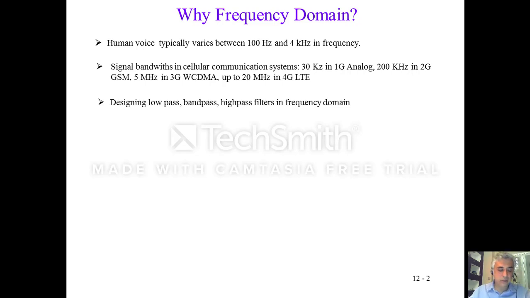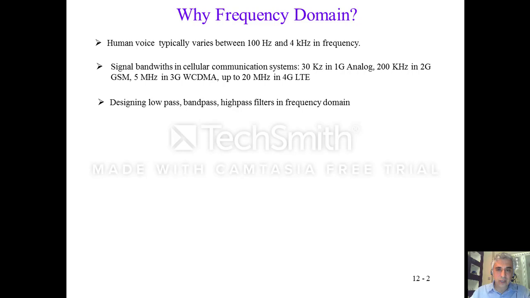Another example on the importance of the Fourier frequency domain concept is filtering in signal processing. As you may be familiar with the filtering concept, the traditional filters can be low pass, band pass, or high pass filters.